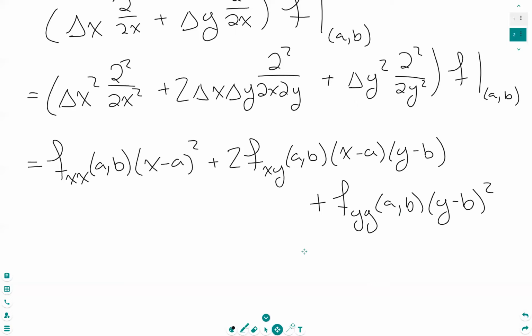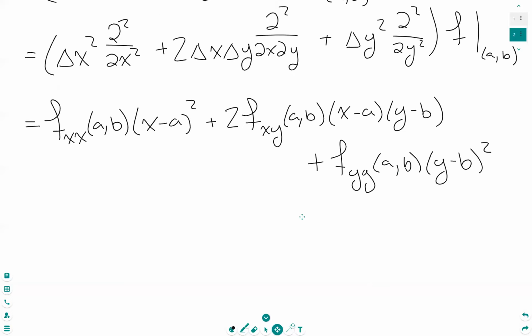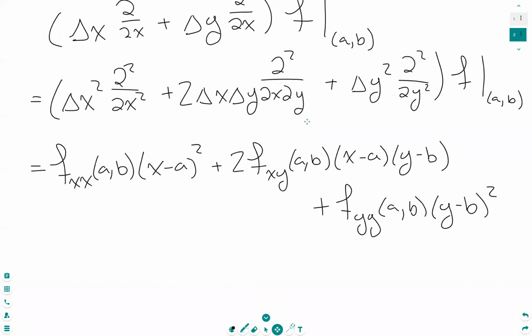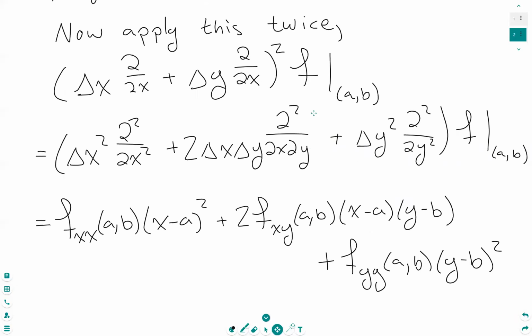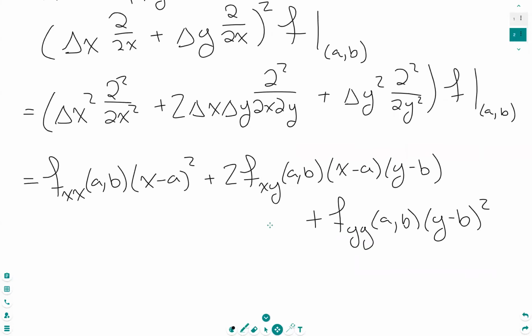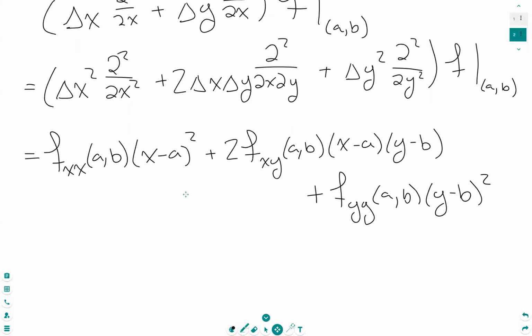Okay, so this is very, very close to the next term in our Taylor series approximation. This will give us a better approximation if we tack this on. But remember, from the Calc 2, or the function of one variable definition for a Taylor series, we had that factorial, right? Well, in this case, if we divide this thing by 2 factorial, or just 2, we end up with a better approximation.